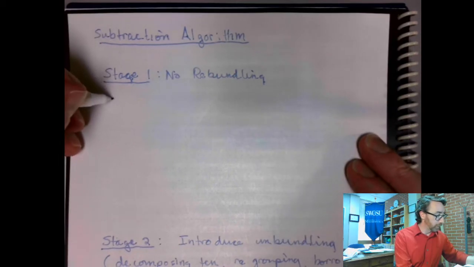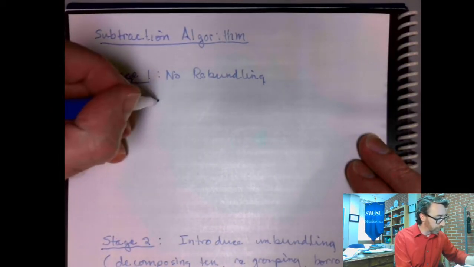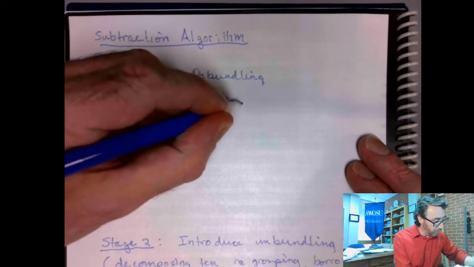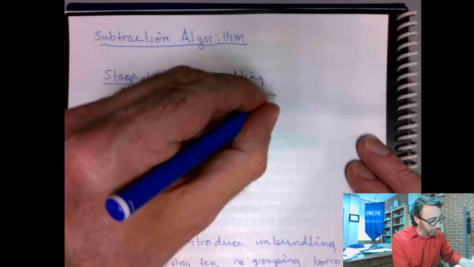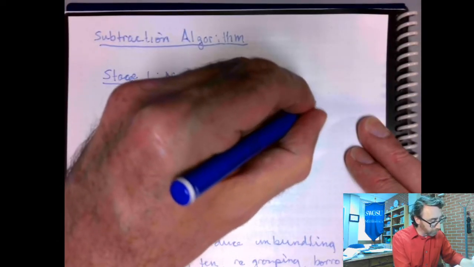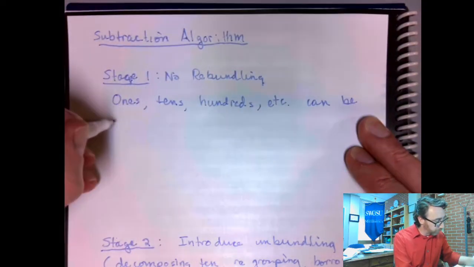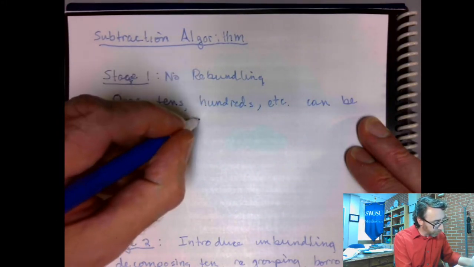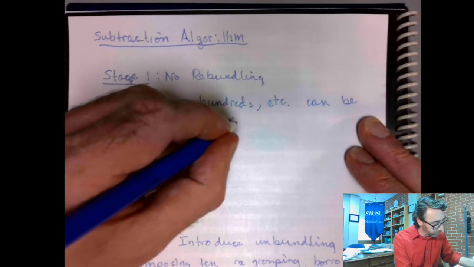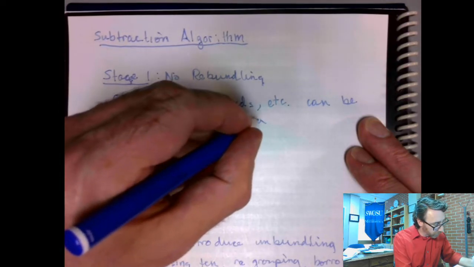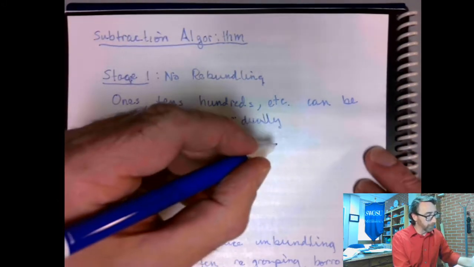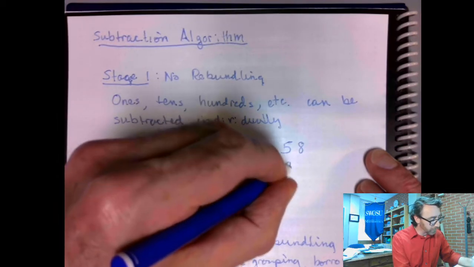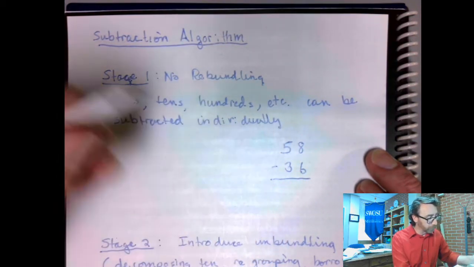So, in this case, the ones, tens, hundreds, etc. can be subtracted individually. So, for example, a problem like 58 minus 36.